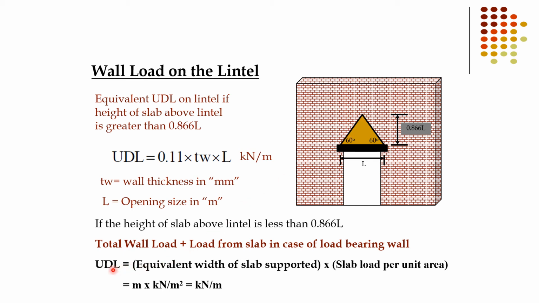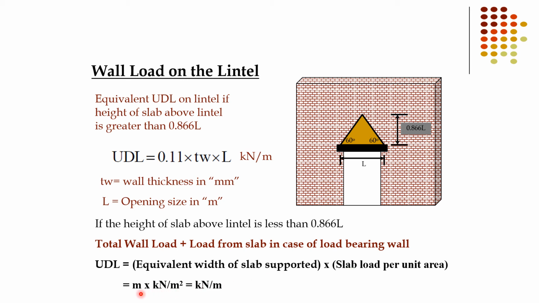So how will you calculate the UDL? Take the equivalent width of slab supported, multiplied by slab load per unit area. You will just take that equivalent width which is supported by the slab and multiply with the slab load per area.